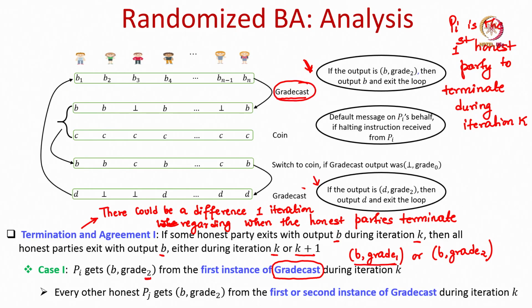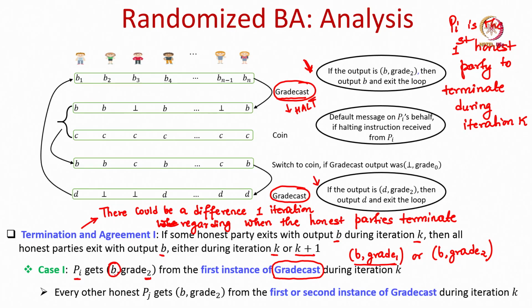Now, when they go to the second invocation of the Gradecast in the same iteration, the inputs of all the parties including Pi will be B only, because Pi would have sent a halting message as part of this Gradecast.